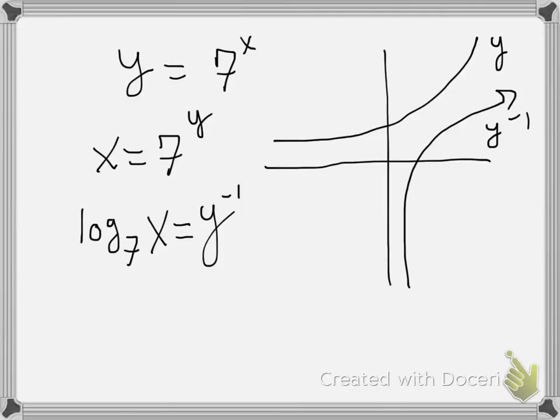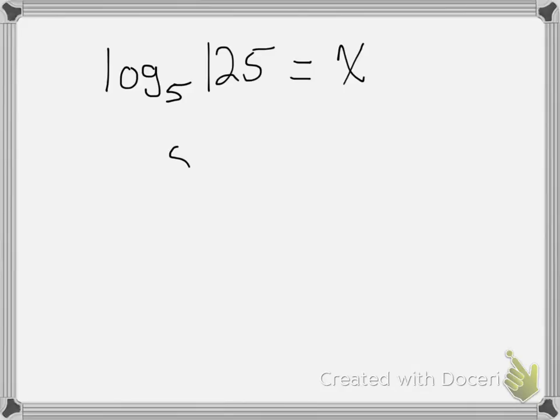Okay, so let's take a look at the next one. Let's take a look at a logarithm problem where we gave you something like the log base 5 of 125, and I said to evaluate that or find out what it equals. The idea is you set that equal to x. 5 to the x power equals 125.